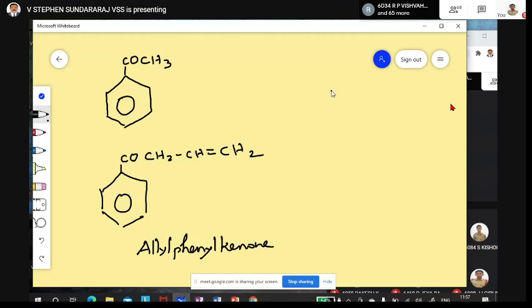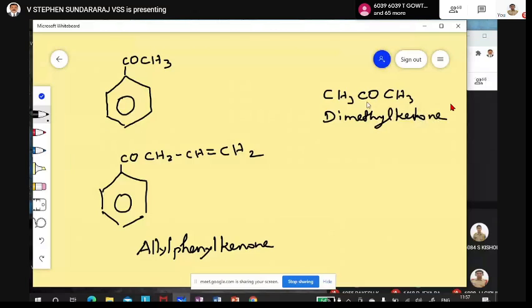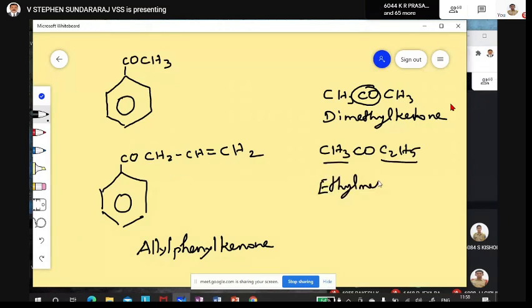I can call CH3, CO, CH3 dimethyl ketone in the common system. This is ketone with dimethyl on both sides. Suppose CH3, CO, C2H5, in alphabetical order, ethyl comes first: ethyl methyl ketone. So this is the common system.